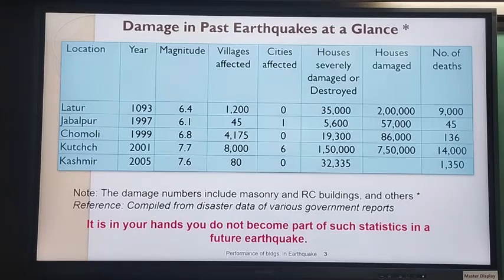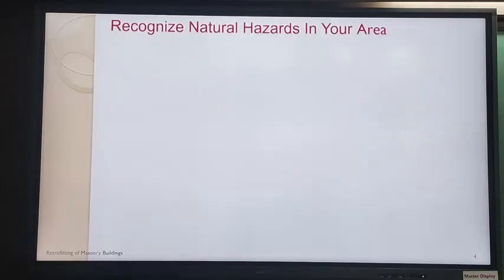So all it says is that if you are not prepared for disaster, then the money which was originally allocated for development planning ends up in restoring and rehabilitating the people. All right. So basically, you don't want to be part of the statistics. And by having a proper disaster resilient home, you can make sure that you don't fall into these numbers.